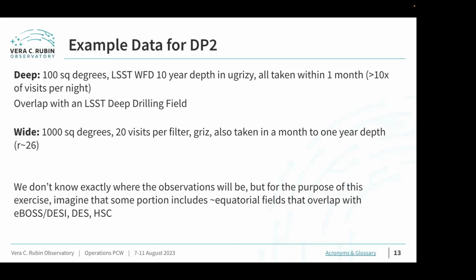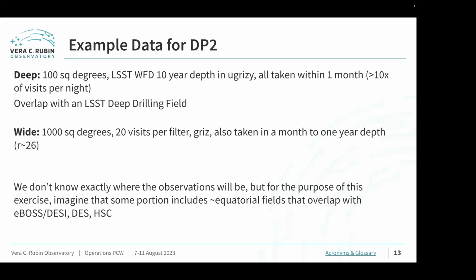We're planning to have 100 square degrees that are to 10-year depths in UGRIZY, and overlap that with the deep drilling field. And then we're also planning on, with commissioning data, having 1,000 square degrees in GRIZ down to year 1 depths, or about 26 magnitude.